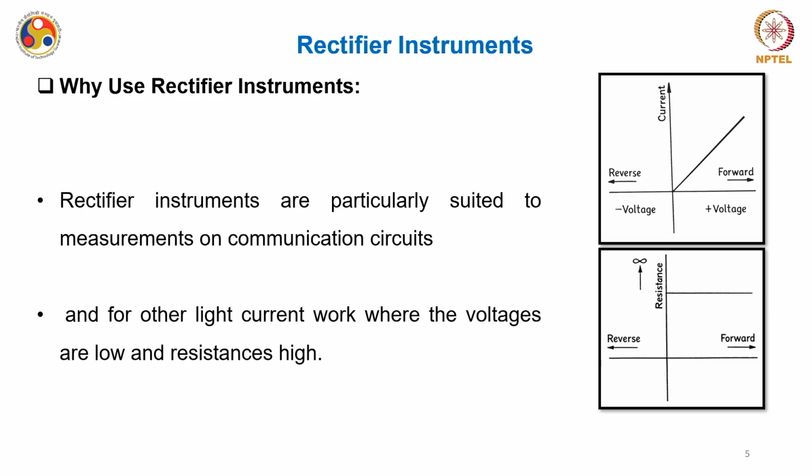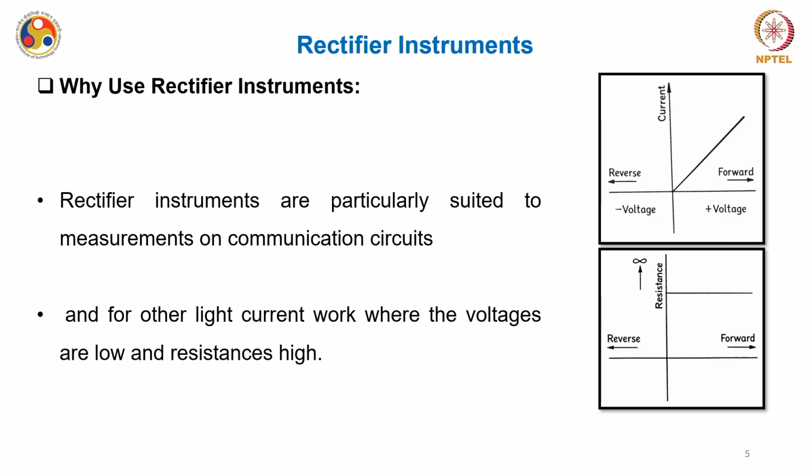These rectifier instruments are suited for measurements on various communication circuits and for other light current work, where the voltage is very low and the resistances under measurement are very high. For those cases you deploy this rectifier kind of instrument.